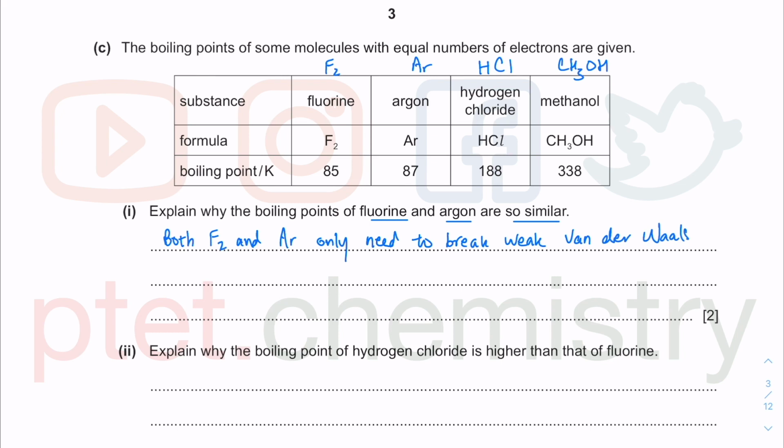So if you like, you can use London dispersion forces, and this van der Waals forces of attraction is between the molecules. And how do I know that? Because F2 is non-polar, since they have the atoms of equal electronegativity. There is no permanent dipole, and of course argon being a single atom is not going to be polar on its own.